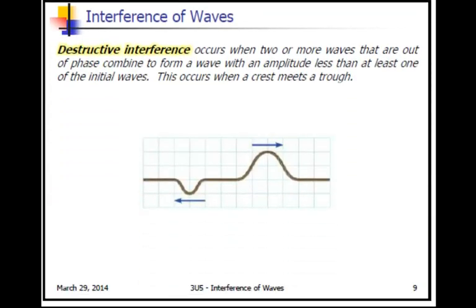Destructive interference is when we have waves that almost cancel each other out. So we have two or more waves that are out of phase, and they combine when we have a crest and a trough at the same time. So a crest meets a trough.